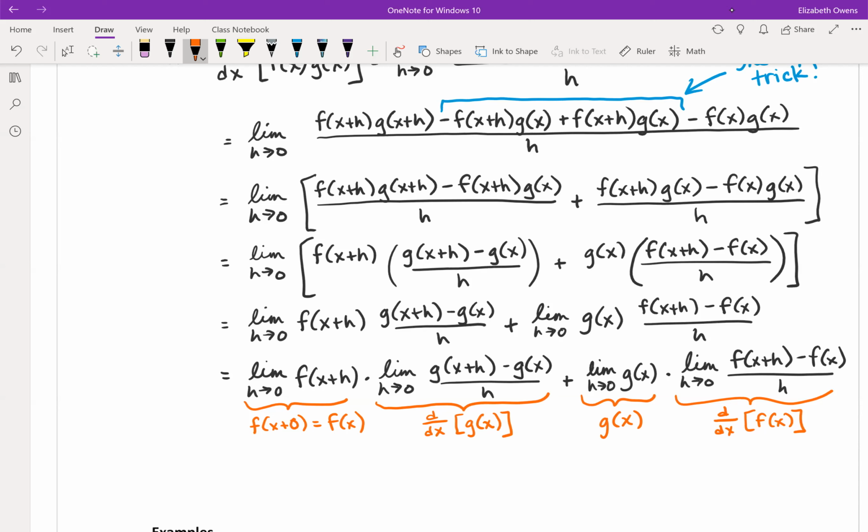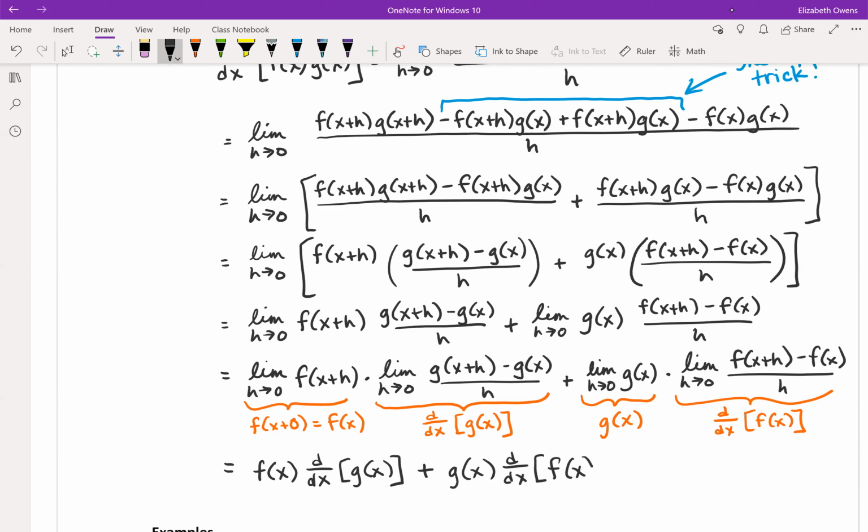So when we write down what we've gotten there, we have f of x times the derivative of g of x, plus, over here, g of x times the derivative of f of x.